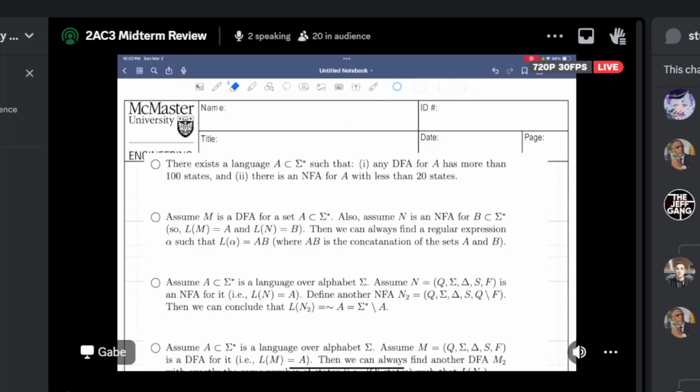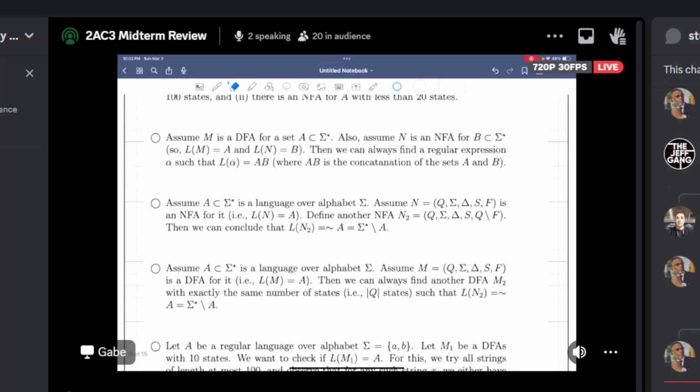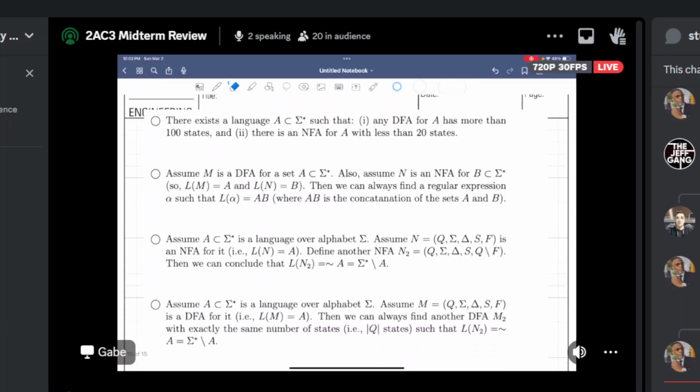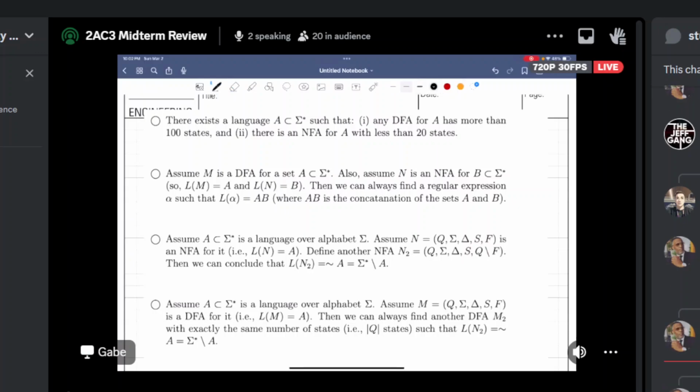I remember now, I think this one I didn't know because I didn't know that property. I see. Okay. Assume M is a DFA for the set, and N is an NFA. Then we can always find a regular expression such that AB.